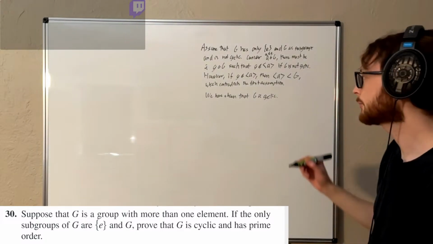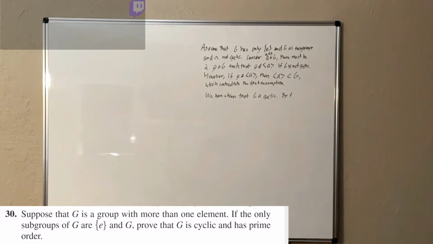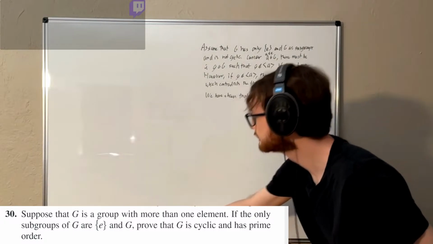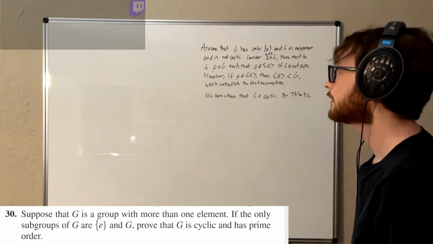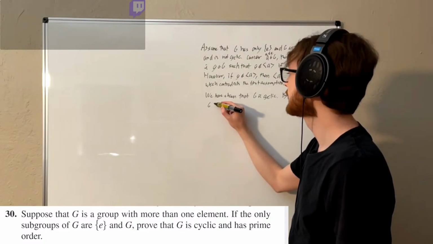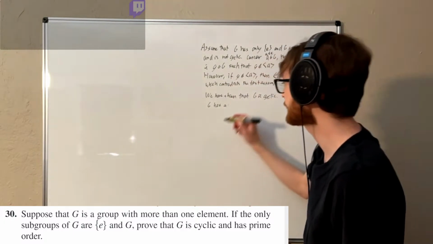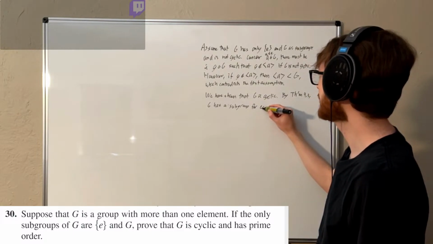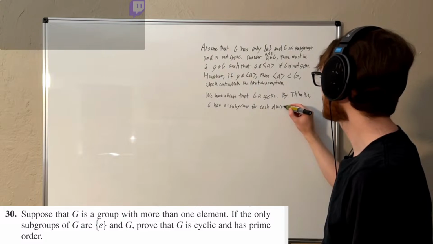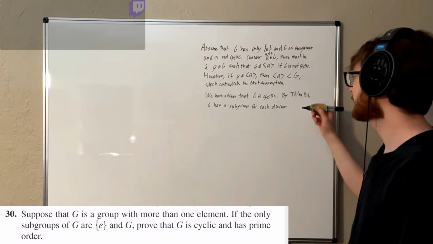For the prime part of the proof, by theorem 4.3, G has a subgroup for each divisor of its order.